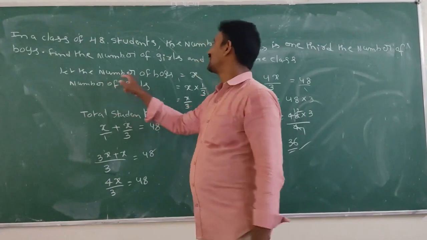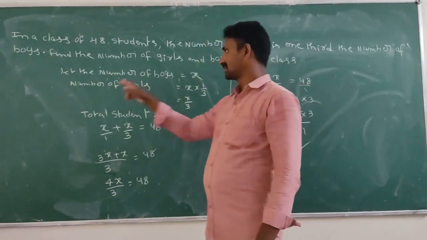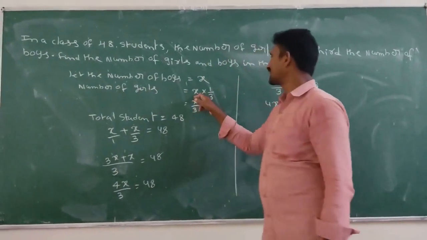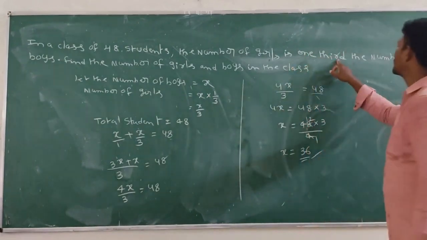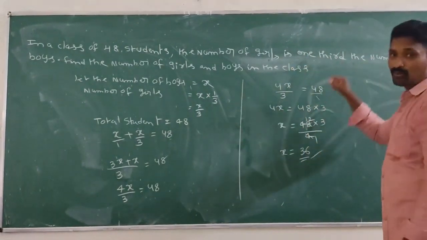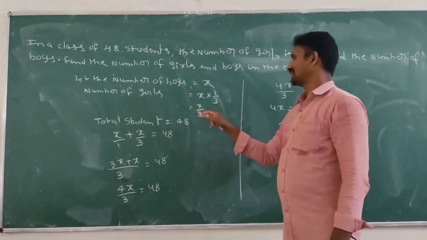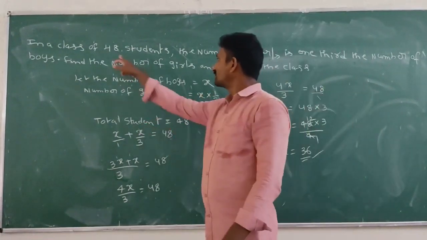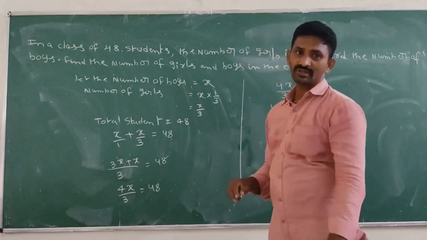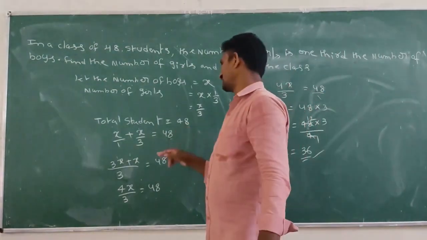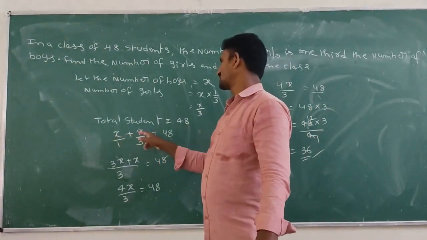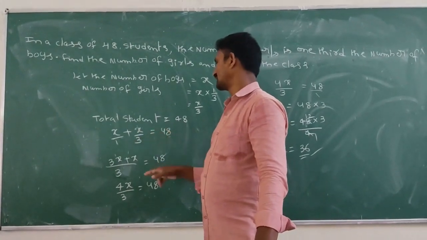Let the number of boys be x. Number of girls is x into 1/3, one-third of the number of boys, that is x by 3. Total students are boys plus girls, 48. Boys x plus girls x by 3 equal to 48.